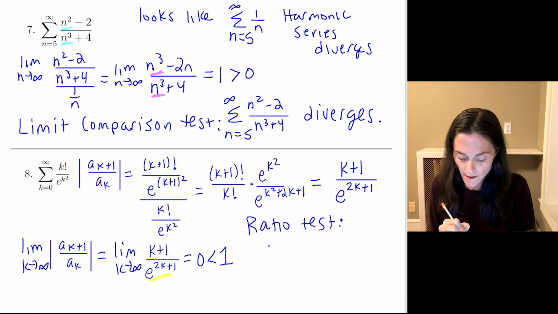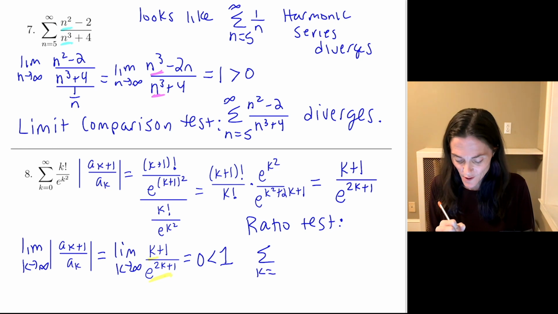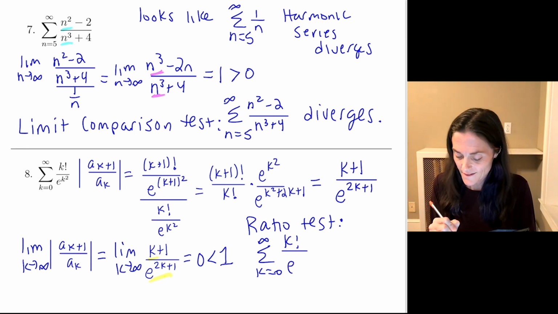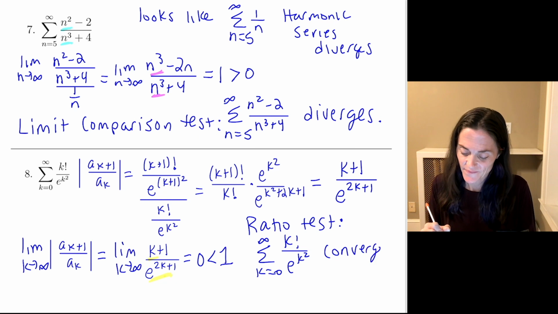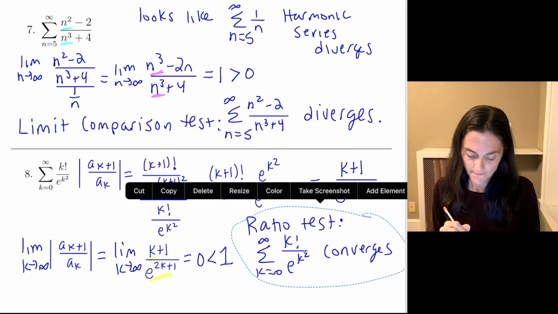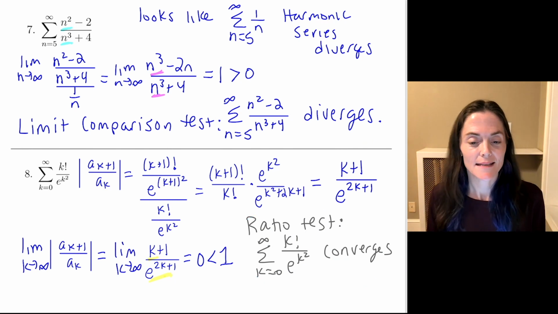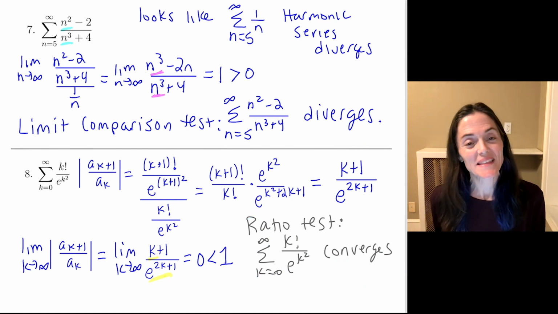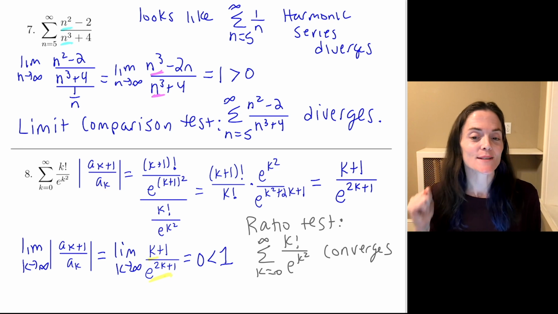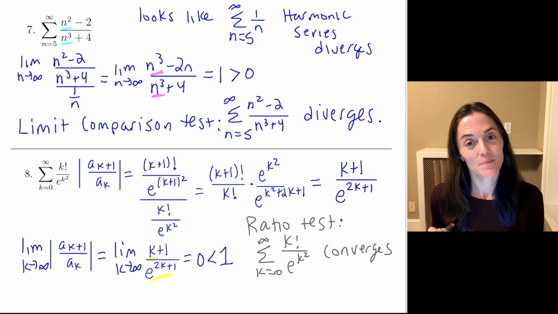It gives that this series, k equals 0 to infinity of k factorial divided by e to the k squared, converges. Maybe I'll make that a different color so that it stands out from the work. This is a convergent series, and we use the ratio test here. This was a fun problem.